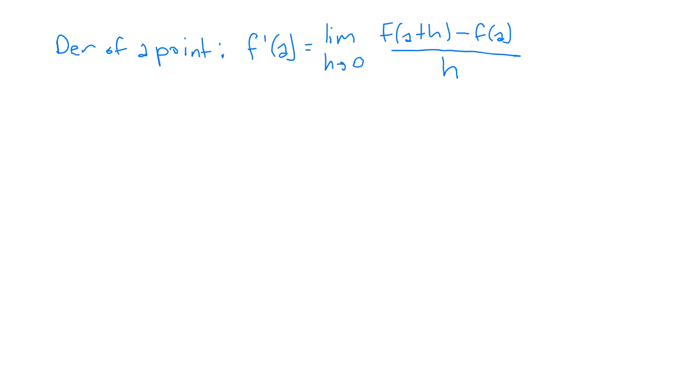But we can go ahead and expand on that. Since this is valid for any point A that we choose on a function, we can make this more generalized. So we can just say, how about for any x we plug this in.